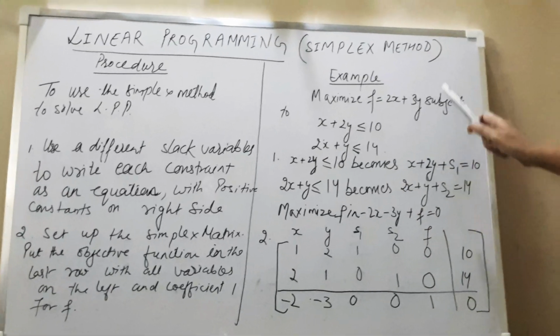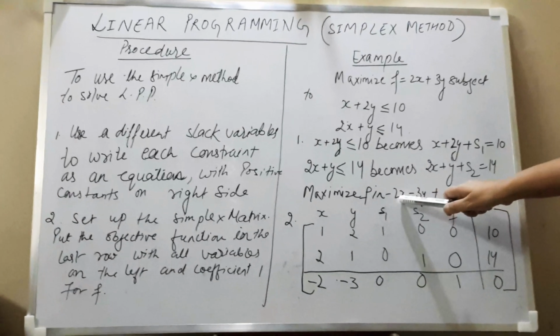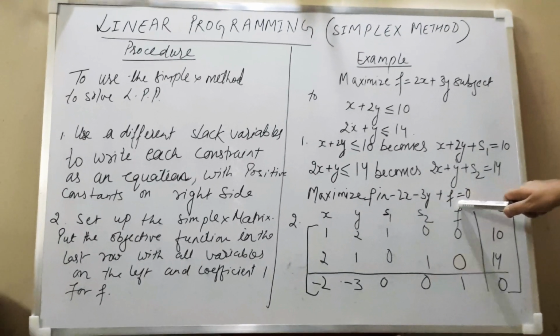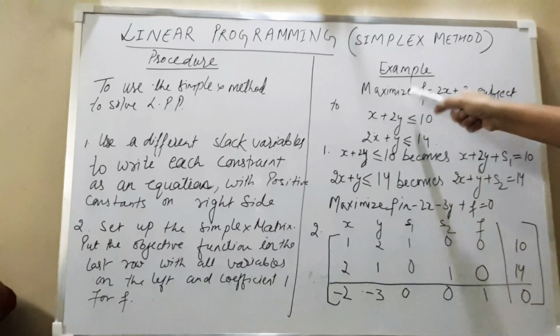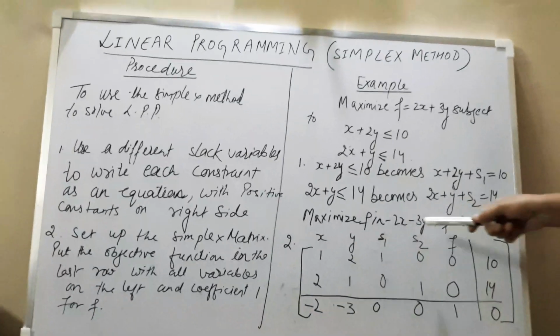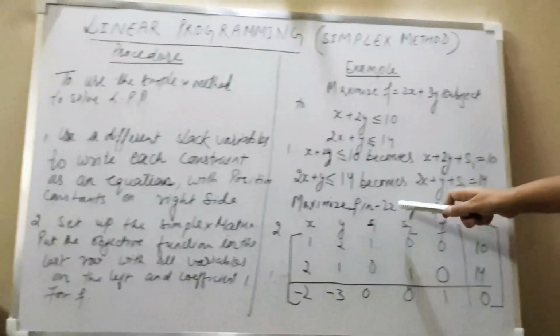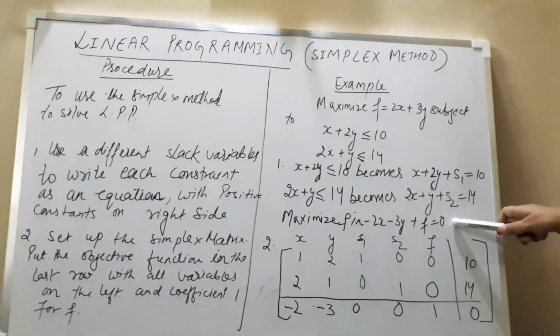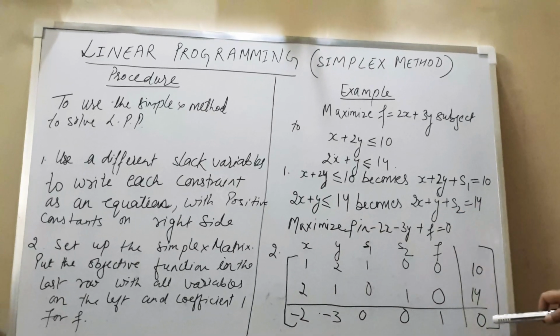So this function becomes minus 2x minus 3y plus f is equal to 0, because we are bringing the variables to the left side of the equation. So this objective function, maximize f, becomes minus 2x minus 3y plus f is equal to 0. Here the coefficient of f is 1 when we are setting up the simplex matrix.